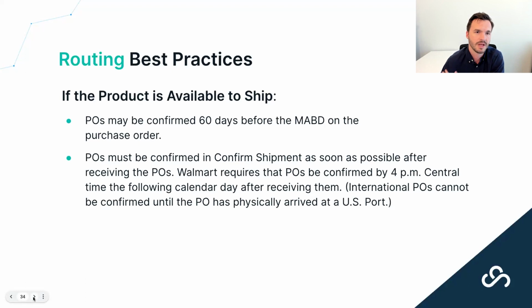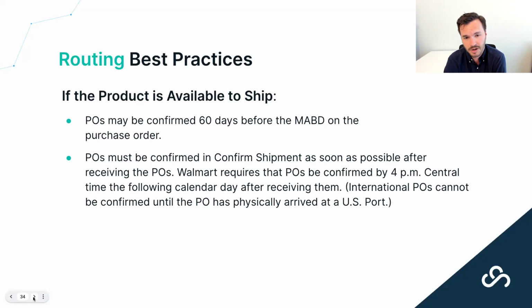Thanks for that. Okay, so a little bit more on the routing best practices. If you have product ready and available to ship, this is Walmart's language. POs can be confirmed 60 days before the MABD on the PO. They must be confirmed in confirmed shipment as soon as possible after receiving the POs. Again, the best that you can do is the best that you can do.